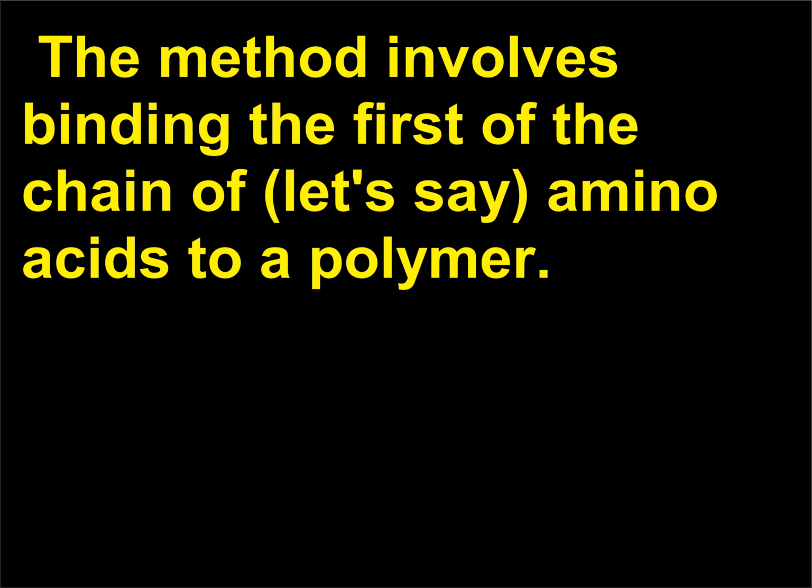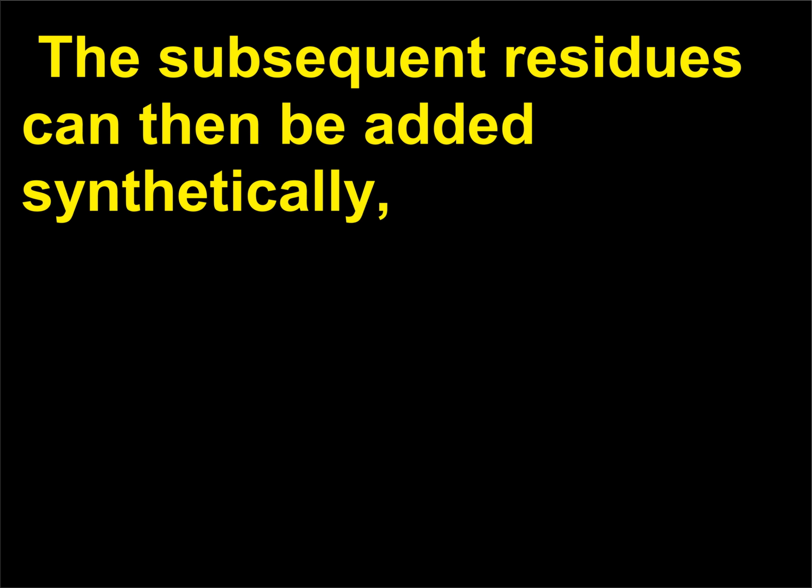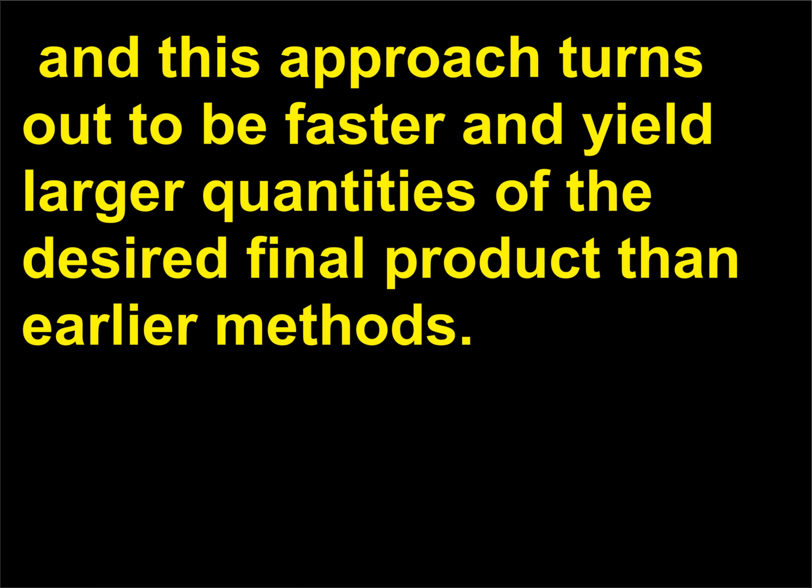The method involves binding the first of the chain of, let's say, amino acids to a polymer. The subsequent residues can then be added synthetically. This approach turns out to be faster and yield larger quantities of the desired final product than earlier methods.